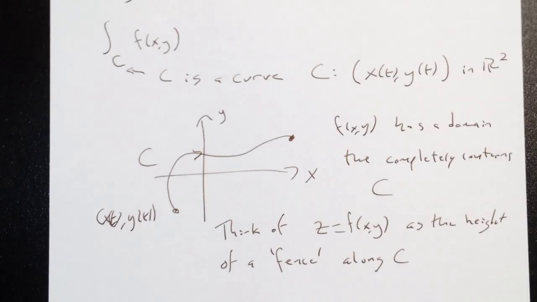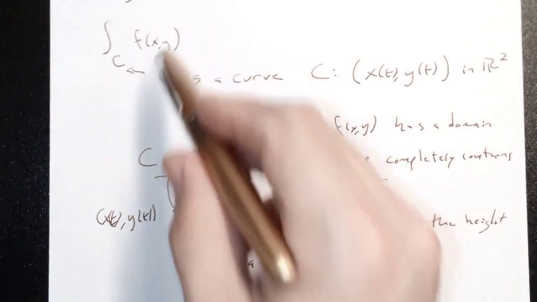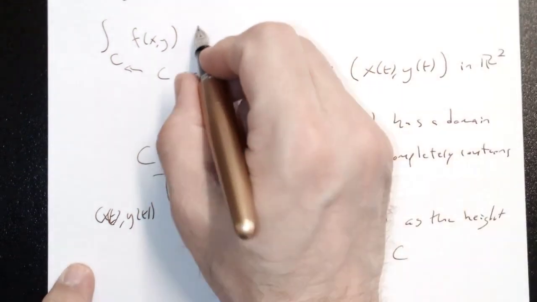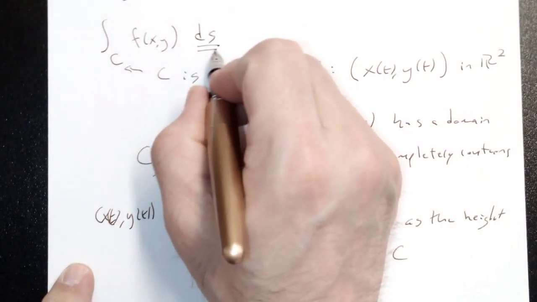If I'm going along my curve, I can cheat and say what I really want to use for a differential is a differential that measures that curve. Arc length. The right way to do this integral is not dx, it's not dy, it's ds.